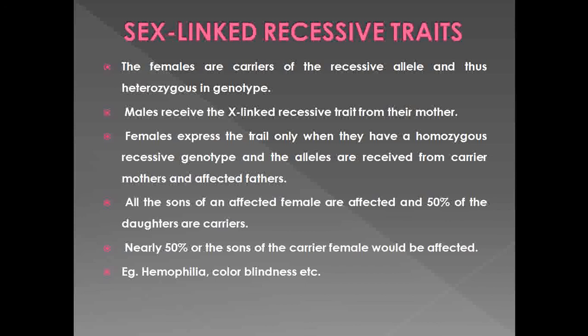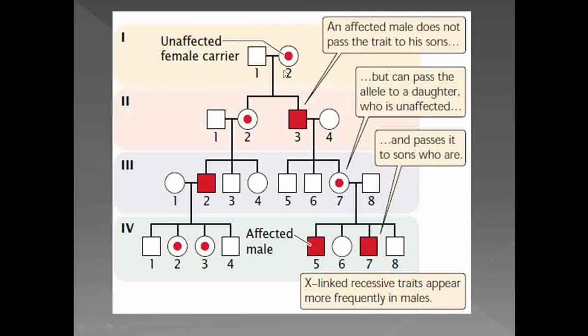But among 1,000 females, one female is affected. So you can understand this: even though the females are carriers, this trait is going to express only in the males, while the females are carriers.